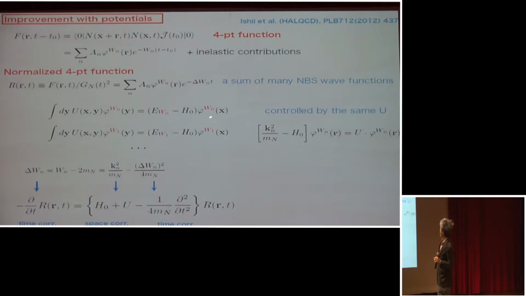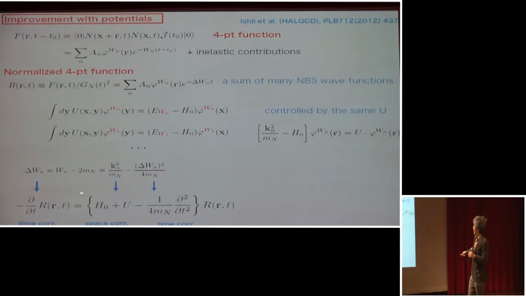An important point is that our potential controls all the elastic scattering states. Therefore, even though this R symbol depends on the state, this H0 and this U do not depend on it. We also notice that this W_n can be written in terms of k_n squared, where k_n is the momentum of this state, and W_n squared. This is some simple mathematics.